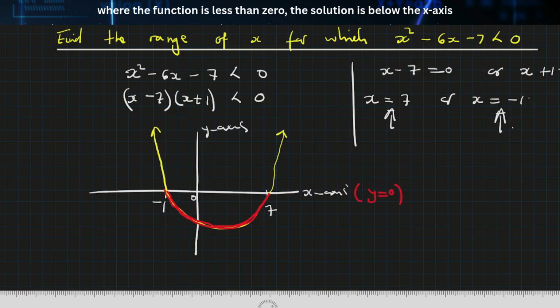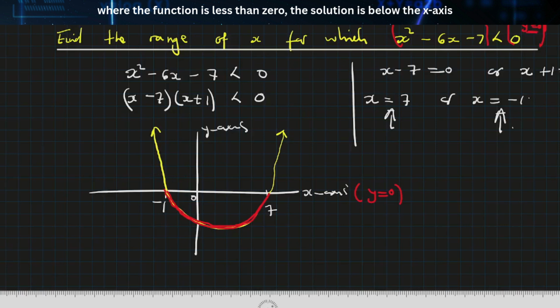So they are saying this part of the graph is less than y = 0. For this to be true, what values of x should we put in so that the left-hand side will be smaller than 0, which simply means these values are below the x-axis, which is y = 0.